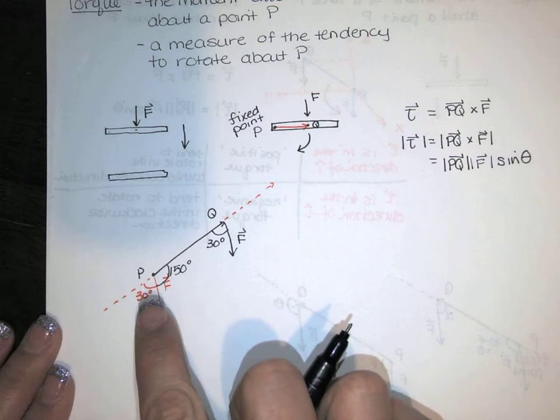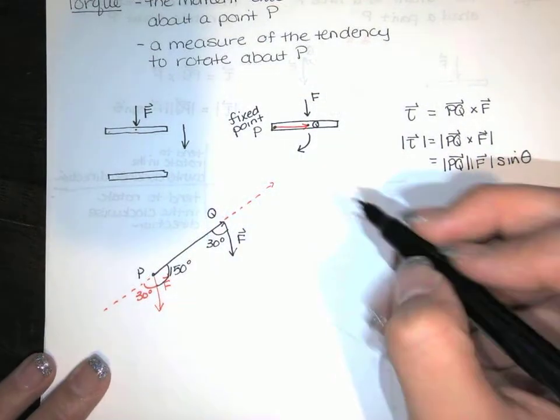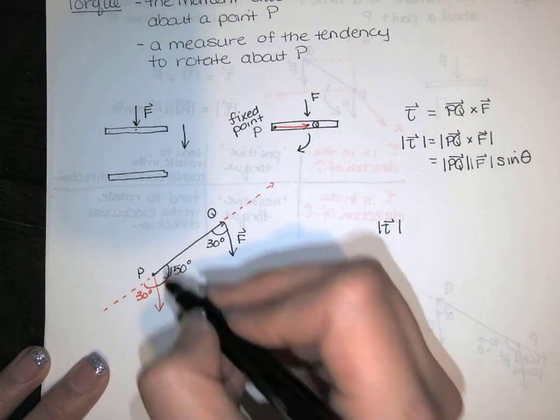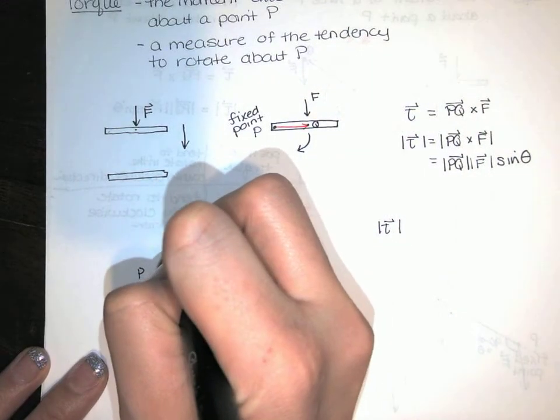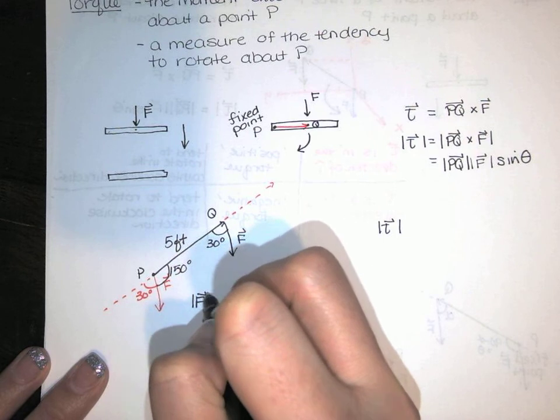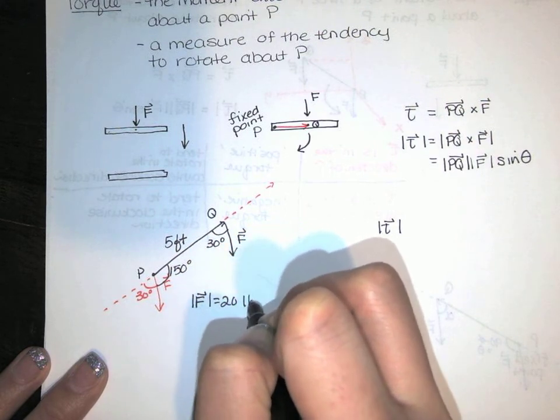So when I calculate the magnitude of the torque here, let's say that this was 5 feet, and let's say that the magnitude of the force was 20 pounds.